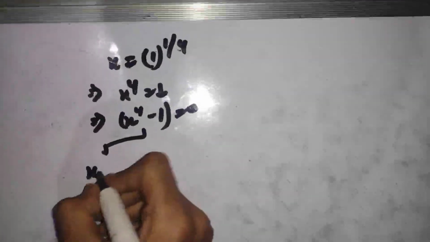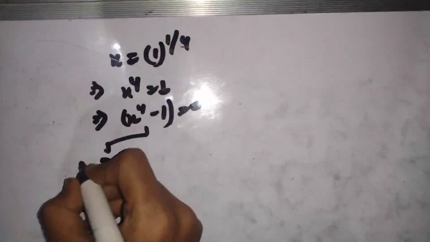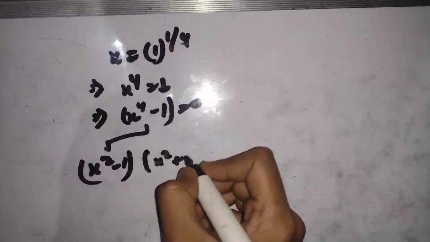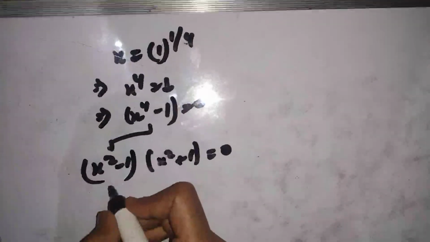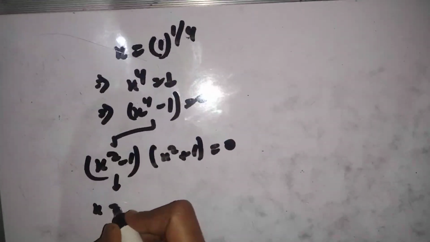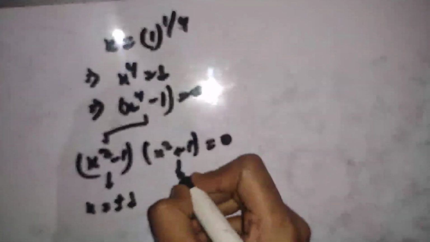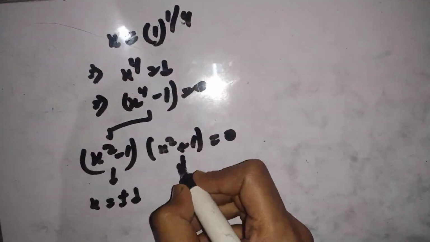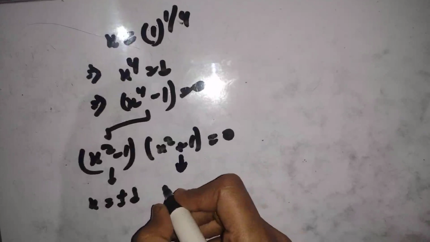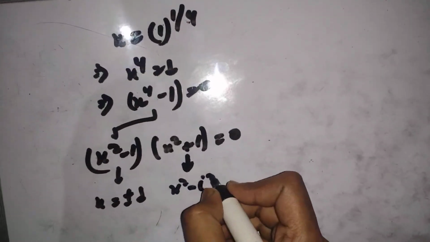We will expand this as (x square minus 1)(x square plus 1) equals 0. From this we get x equals plus minus 1, and we can write plus 1 as x square minus iota square.